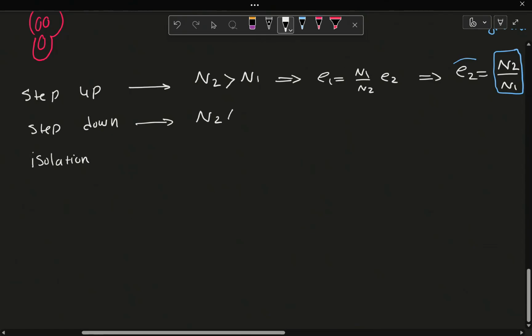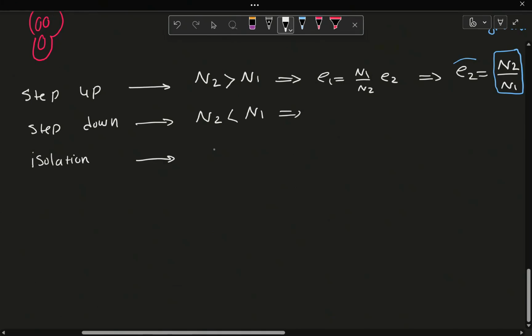Your N2 is smaller than N1, which means that your E2 is going to be less than E1. But again, when you decrease the voltage on the second side, your current increases, just like the mechanical gear chains. If you decrease the torque, your angular velocity increases.